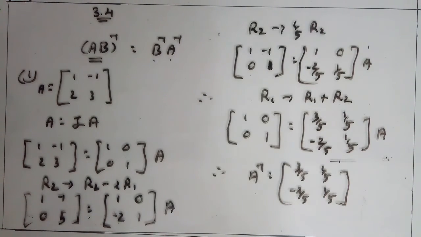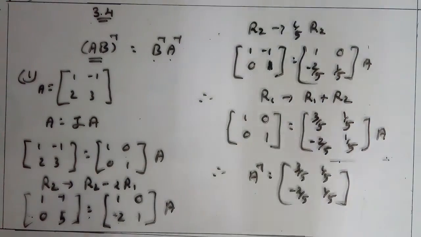Now here we solve some questions of the miscellaneous exercise, the last exercise. Question number 1, 2, 3: remove these questions. Now question number 4. If A and B are symmetric matrices, then prove that AB minus BA is a skew symmetric matrix.